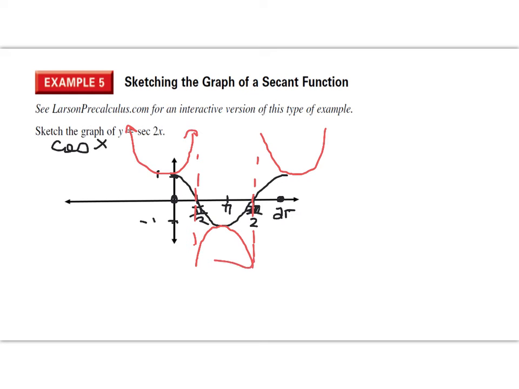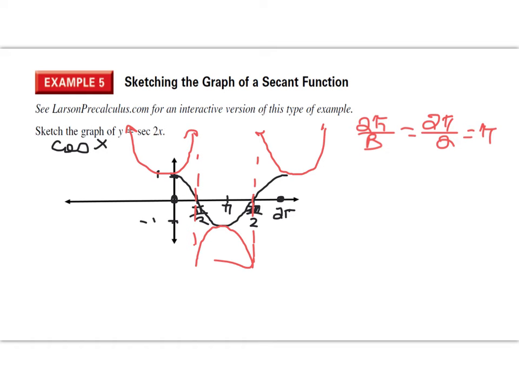And then the only other thing we need to worry about is the 2, and the 2 affects our period. So remember, our period is 2 pi over b, which means now our period is going to be 2 pi over 2, so our period is pi. So I need to shrink everything.